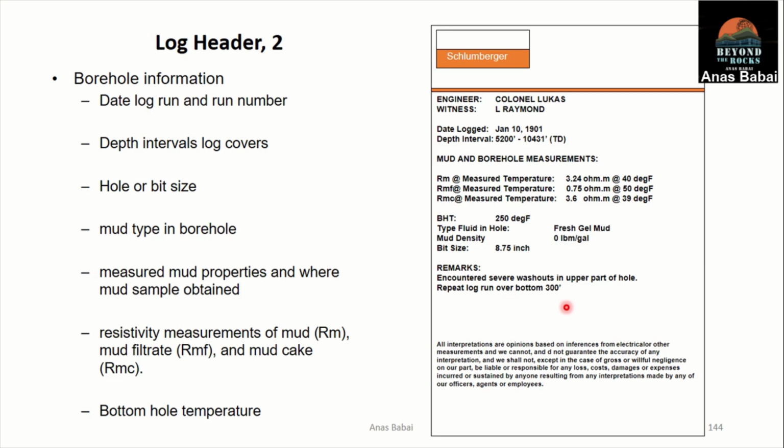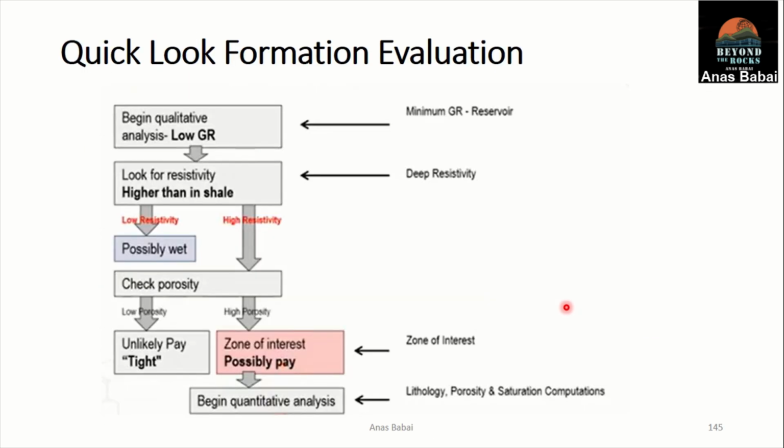Now, for the quick look formation evaluation, we have certain steps that we follow. We always start with our lithology log in order to identify the zones containing reservoir rocks, and we can indicate that by either SP response or the low gamma ray response.